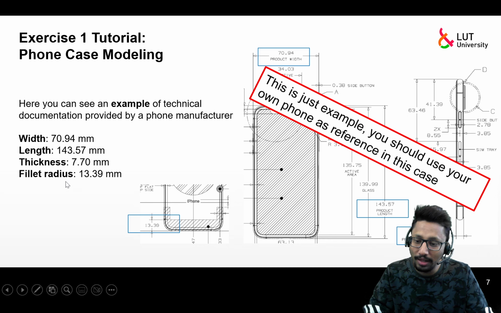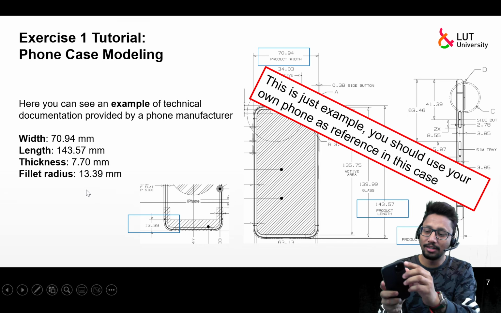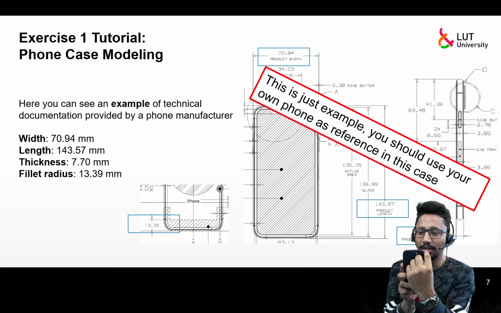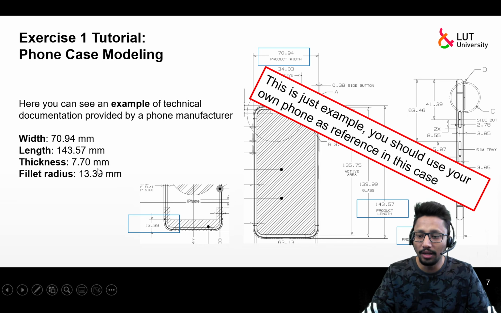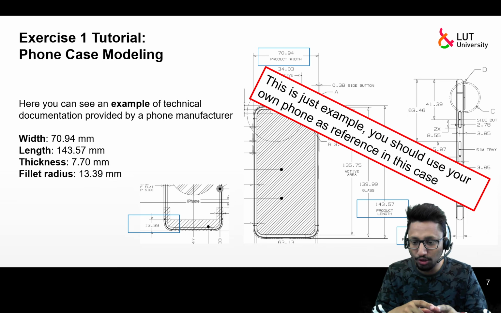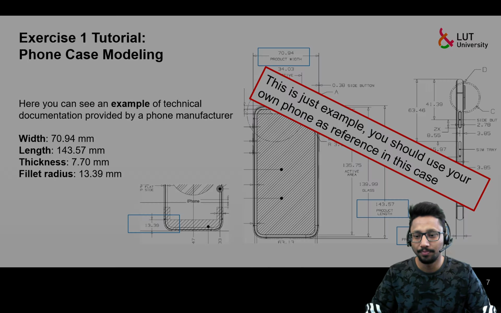What it means by that, so when we model the phone case cover, you will realize it's not pointed. The ends are not pointed. It's some filleting done here. So the radius of this fillet will be 13.39 millimeter. Okay, but please use the dimensions of your individual phone. That is important for you. Do not copy what I'm trying to do.